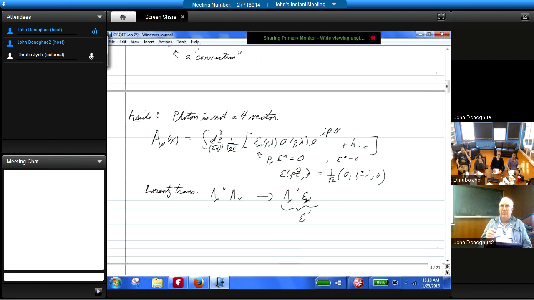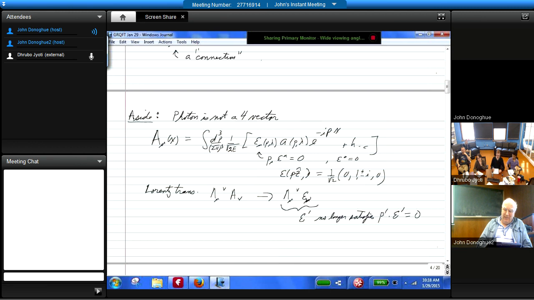This is my epsilon prime, but this guy in general no longer satisfies p prime dot epsilon prime equals 0. The easiest way to do this calculation mentally is to boost perpendicular to the direction of motion.